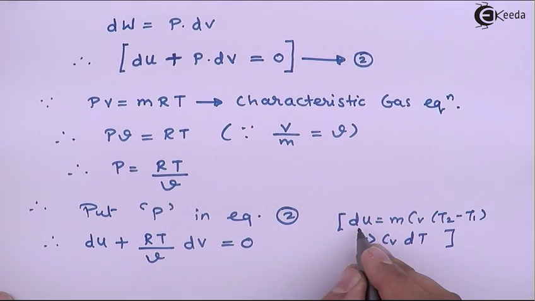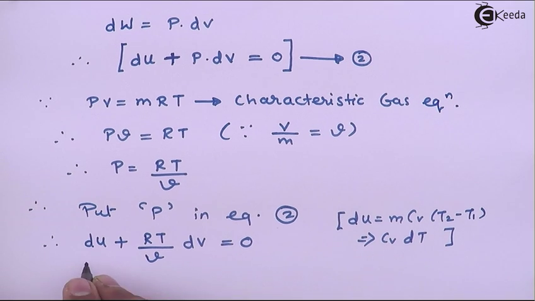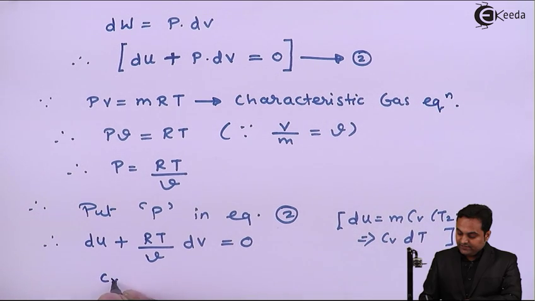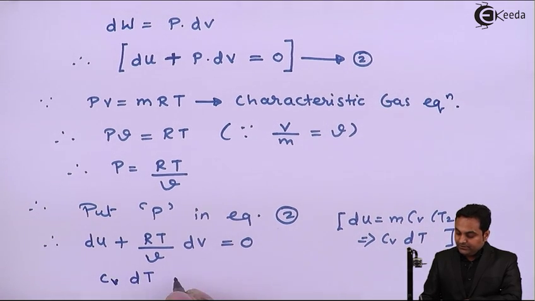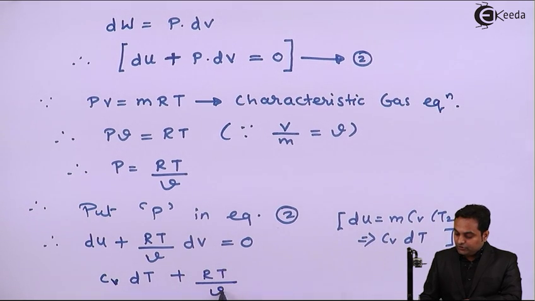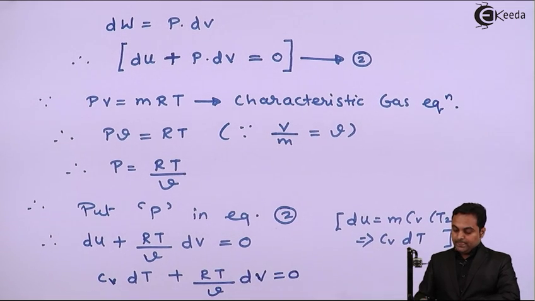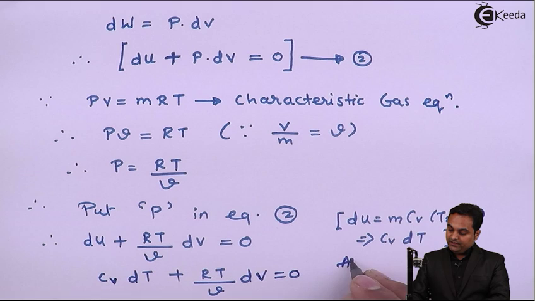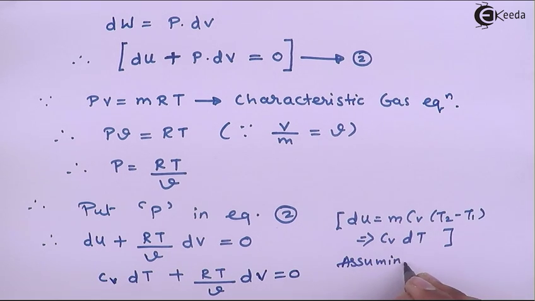So I'll replace dU with Cv dT. Here I have Cv dT plus RT upon small v into dv, that is equal to 0. I have used this relation assuming mass is equal to 1 kg for gas.